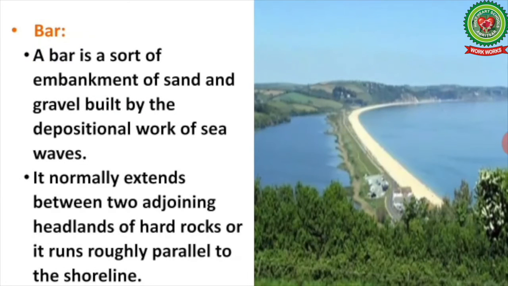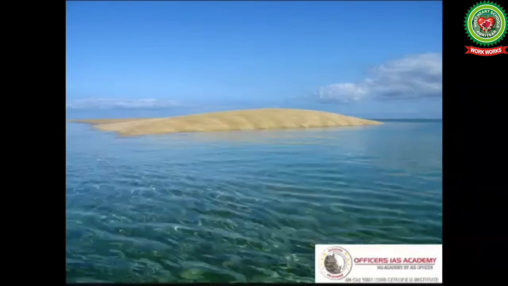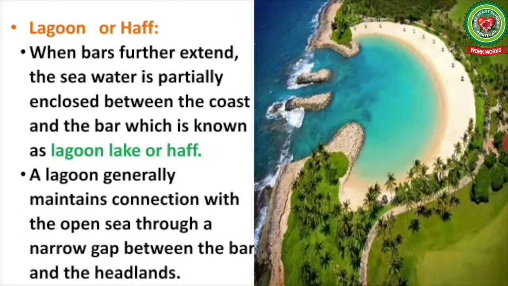Bar. A bar is a sort of embankment or wall of sand and gravel built by the depositional work of sea waves. It normally extends between two adjoining headlands of hard rocks, or it runs roughly parallel to the shoreline. Lagoon or haff.